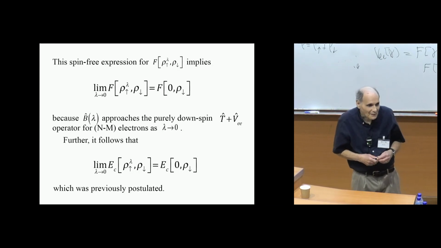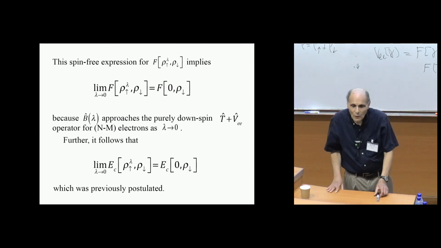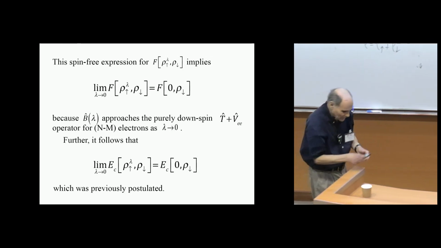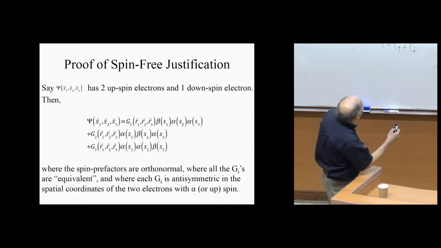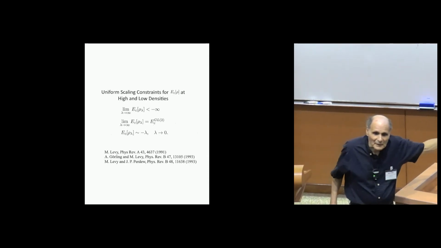Great. Well, let me tell you something about high density. This is kind of interesting. I have to get back to this slide here. This is the one I put up at an APS meeting, where it goes to a constant.